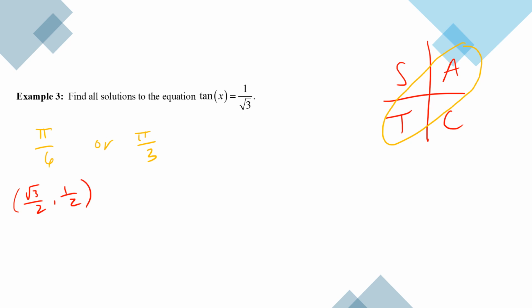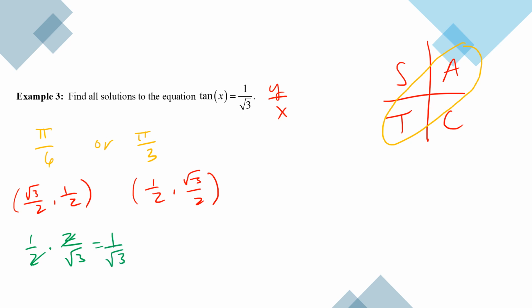At pi over 3, its coordinates are 1/2 and square root of 3 over 2. Agree? When you're looking at tangent, this is your y divided by your x. So when I'm doing the math, this would be 1/2 times the reciprocal of this, which is 2 over the square root of 3, which equals 1 over the square root of 3.